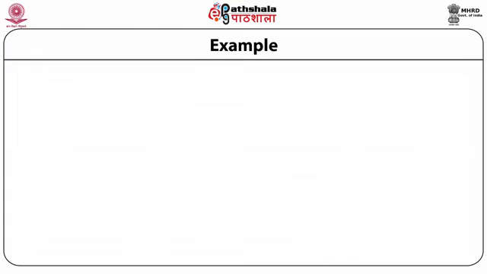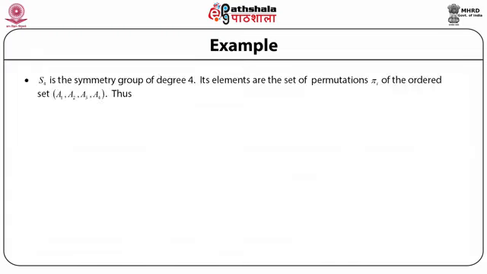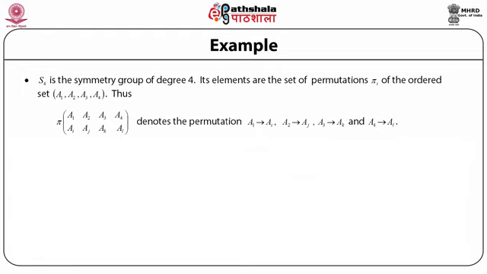As an example, let us consider S4, which is the symmetry group or permutation group of degree 4. Its elements are permutations pi of the ordered set A1, A2, A3, A4. Thus, a permutation written as A1, A2, A3, A4, wherein A1 goes to AI, A2 goes to AJ, A3 goes to AK, and A4 goes to AL, denotes that permutation.